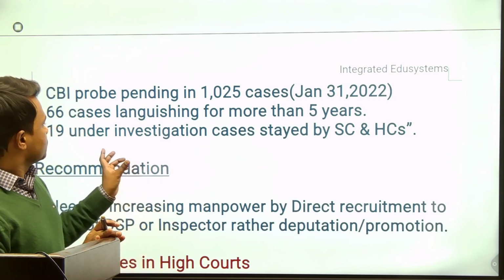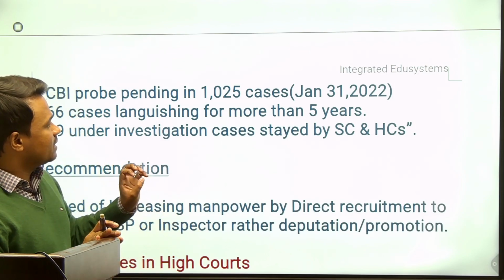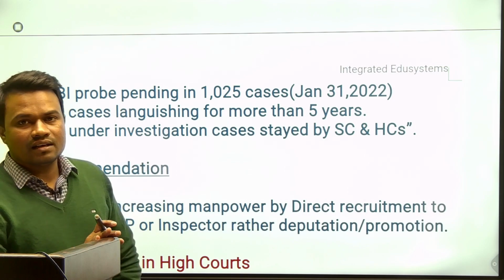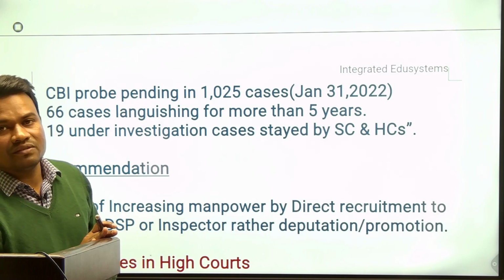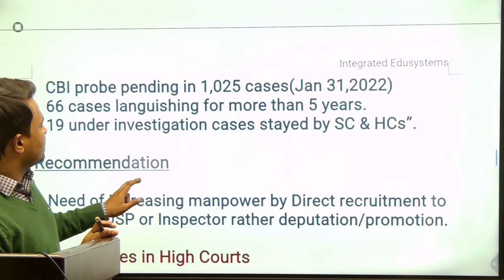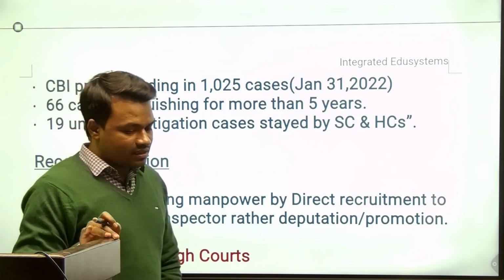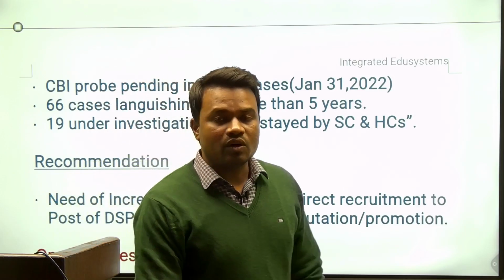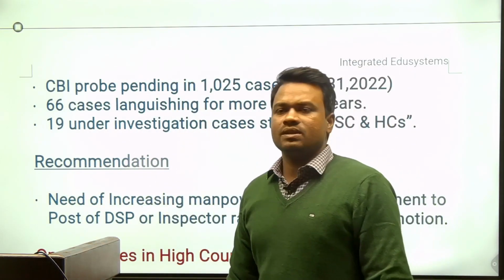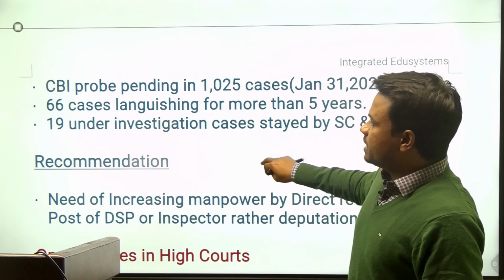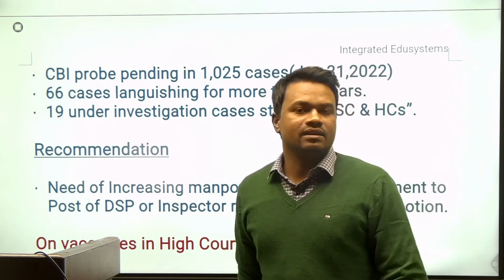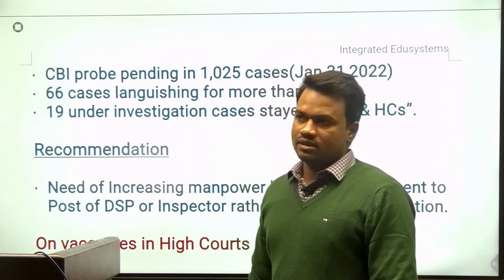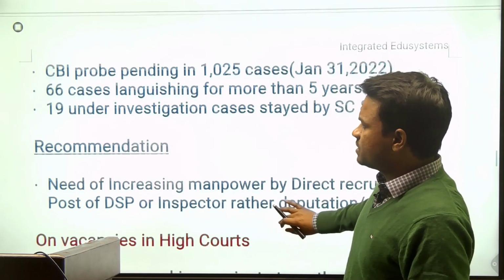And 19 under-investigation cases are stayed by the Honorable Supreme Court and the Honorable High Courts of the states. So these are the highlights of this departmental related committee on law, personnel, grievances and justice.